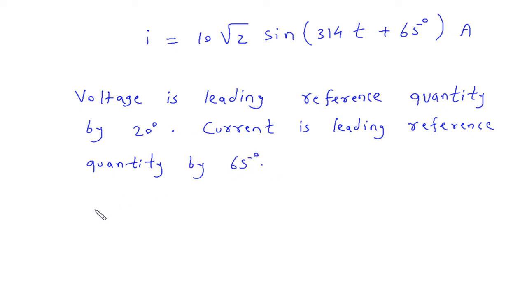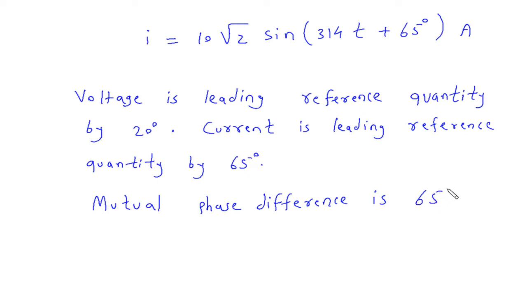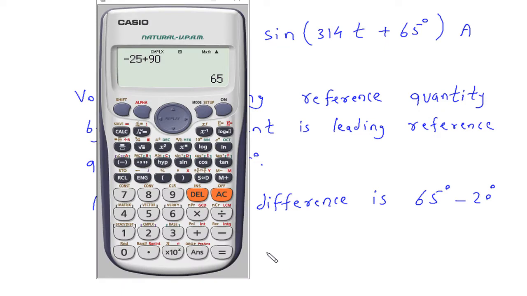The mutual phase difference between the voltage and current is 65 degree minus 20 degree, which is 45 degree.